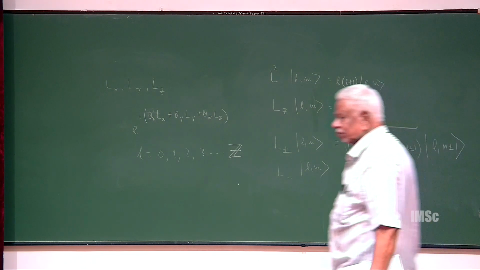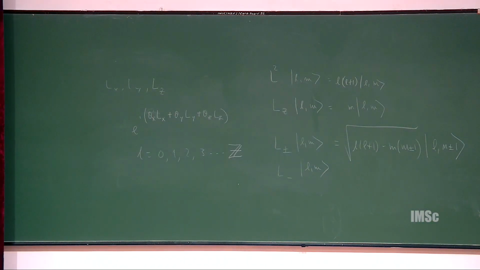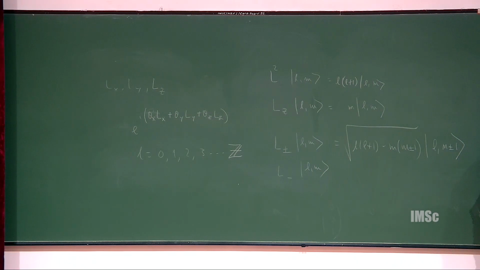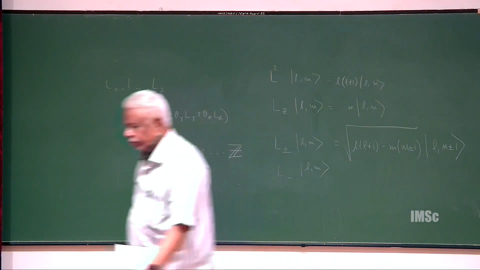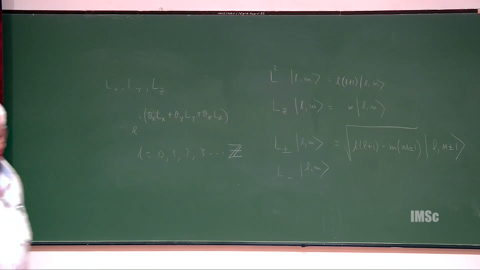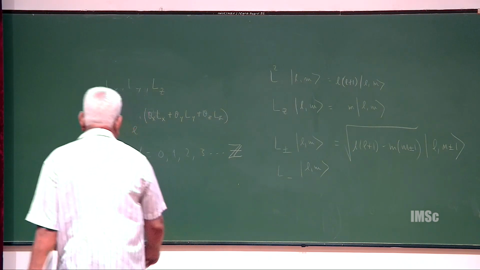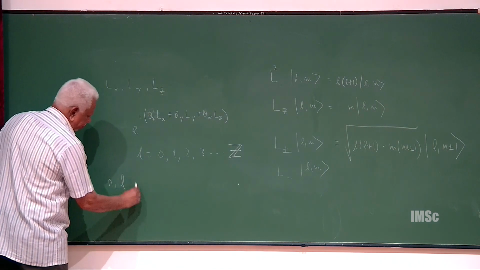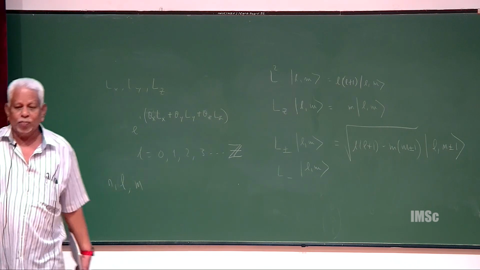Now, I have to introduce something new, and that something new is what you learn from the hydrogen atom, from the electron. The electron has orbital angular momentum in the hydrogen atom. If you remember, it is n, L, M. n is the principal quantum number, L is angular momentum, M is the magnetic quantum number.